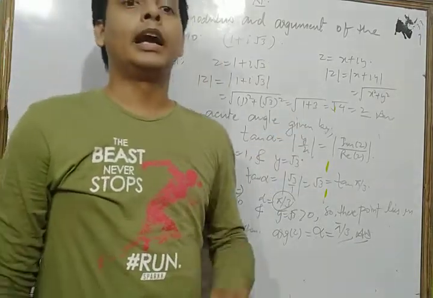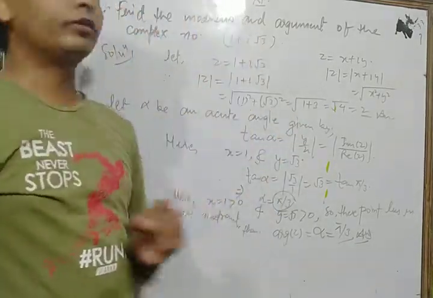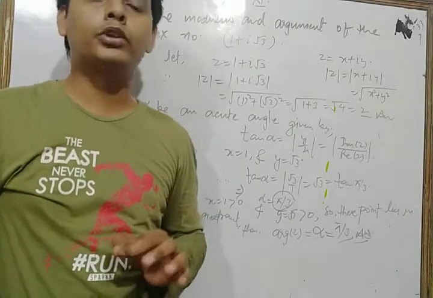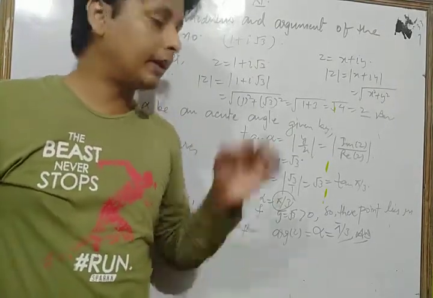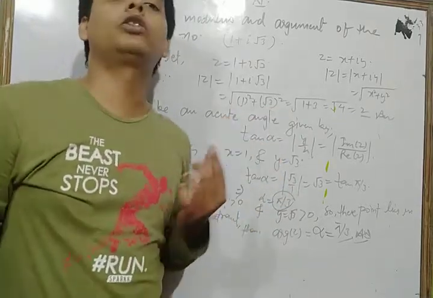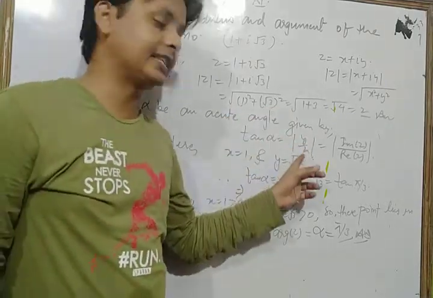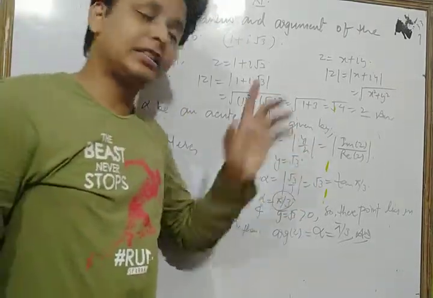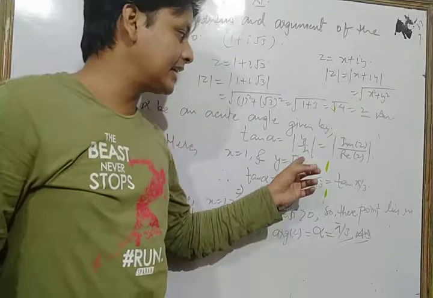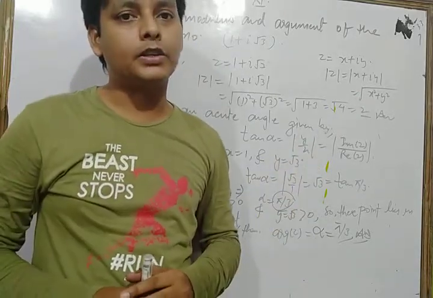Then, in finding the argument of that complex number, first of all we find the value of alpha given by the formula tan alpha is equal to mod of y by x. Here y is the imaginary part of that complex number and x is the real part of that complex number.